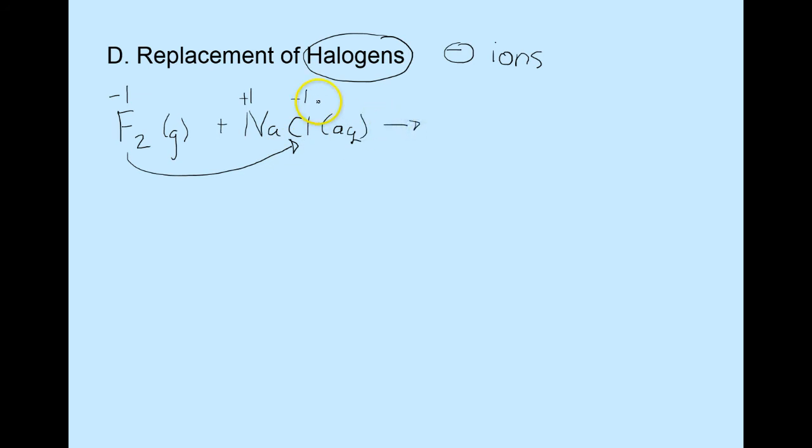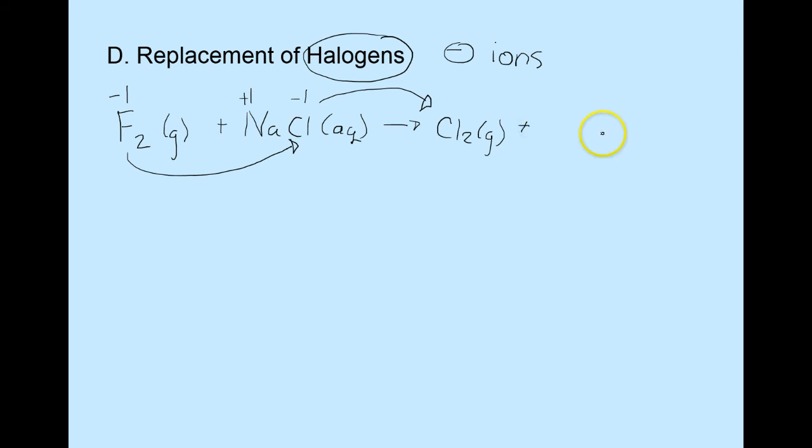Chlorine is going to come out of the solution in its elemental form if fluorine is more reactive, and it is. It's higher up on its activity series. Chlorine comes out as Cl2, which is a gas. Fluorine is going to replace chlorine and bond with sodium. Now, what you have to be careful with is not to carry over the subscript.